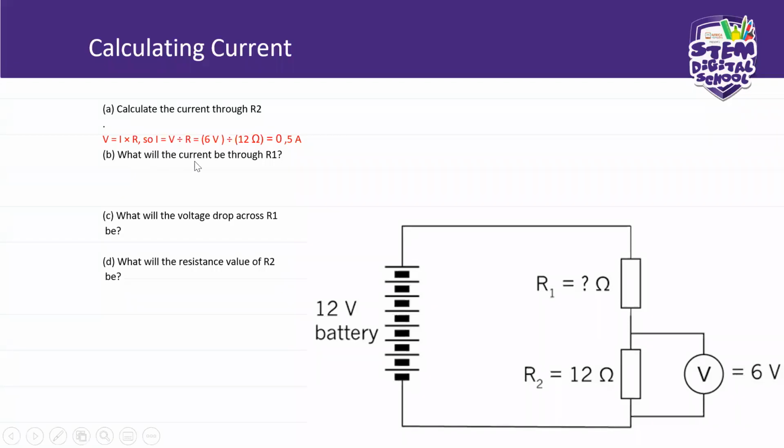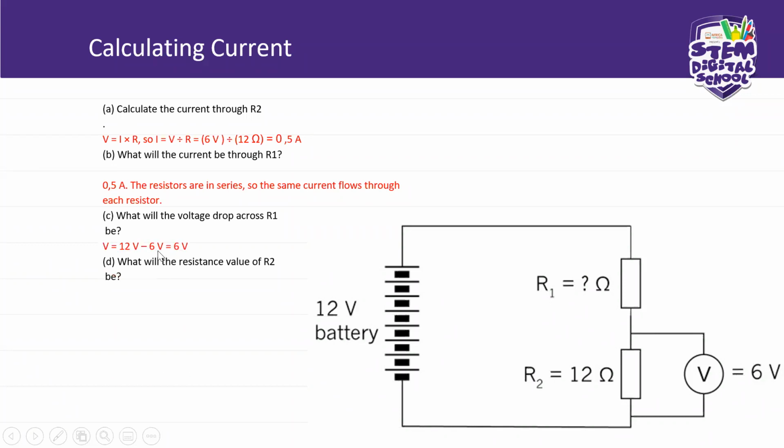What will the current be through resistor 1? There, we have a question mark. The resistors are in series, so the same current flows through each resistor. If it's 0.5 amps on resistor 1, it will be 0.5 amps on resistor 2. What will the voltage drop across resistor 1 be?